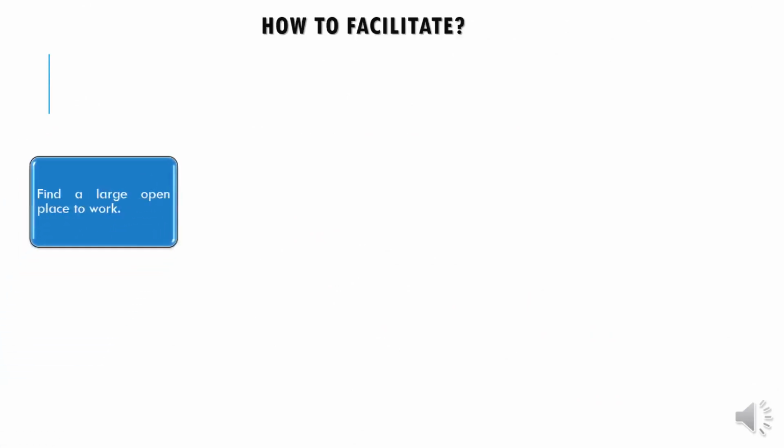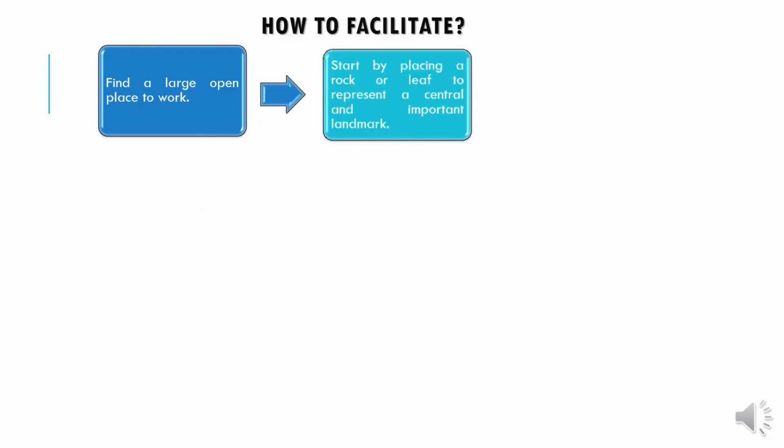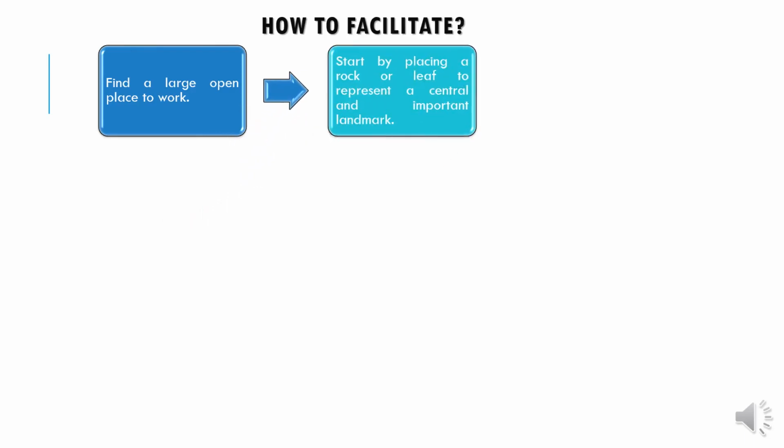How to facilitate the process of resource mapping. First, we'll find a large open place to work. Then, we'll start by placing a rock or a leaf to represent a central and important landmark.